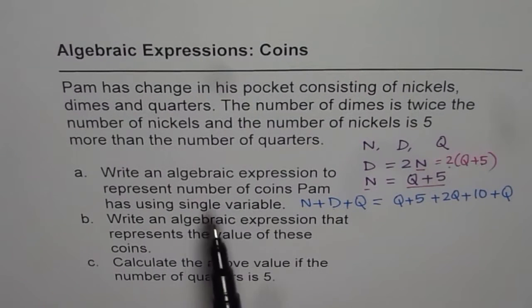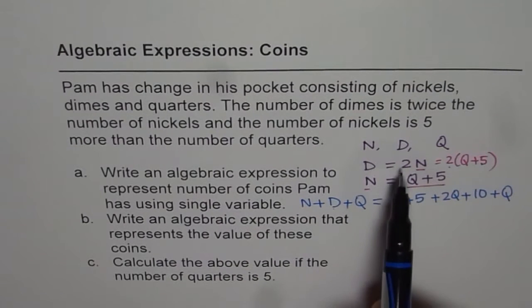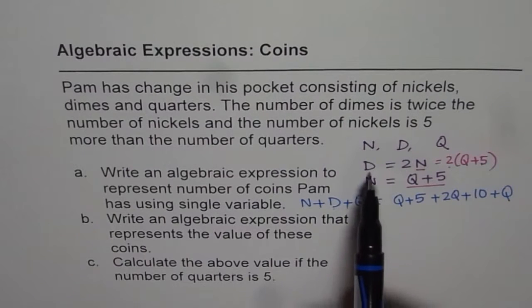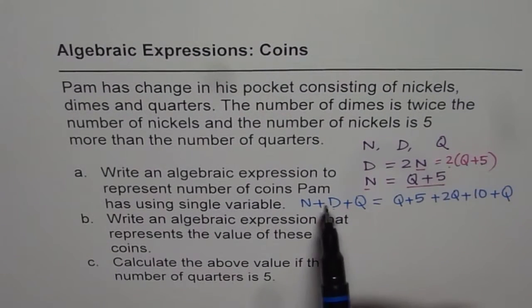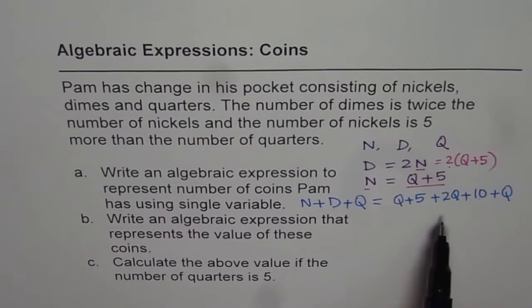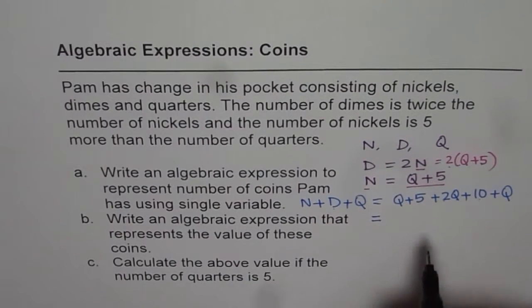So Pam has nickels, dimes, and quarters. Since dimes are 2 times nickels, instead of dimes we wrote 2 times nickels. And nickels we know are 5 more than quarters, so we start with nickels, q plus 5, 2 times q plus 5, and quarters. Now you can combine like terms and write your expression.